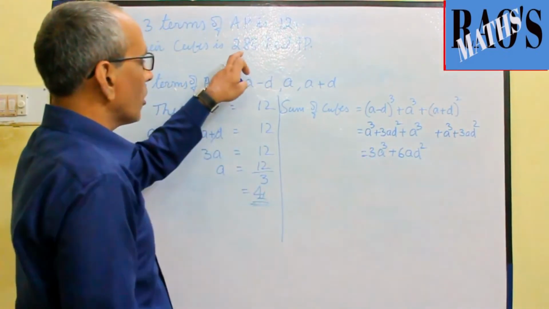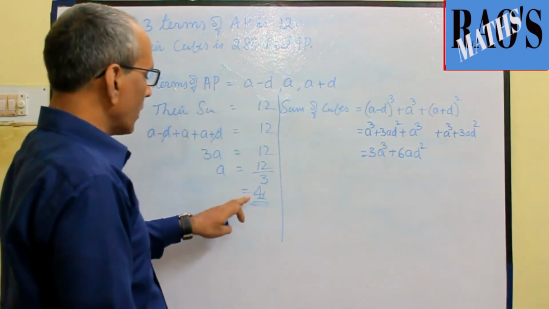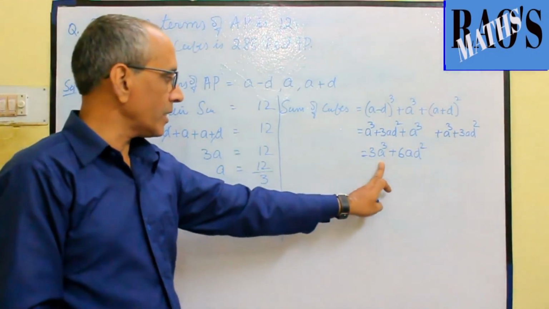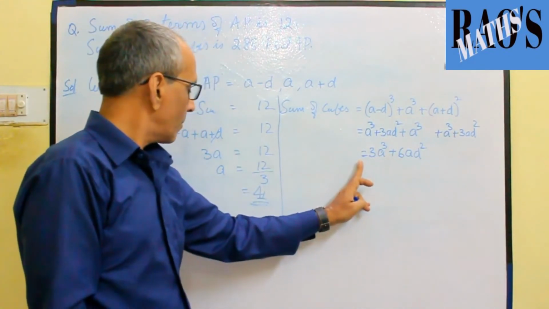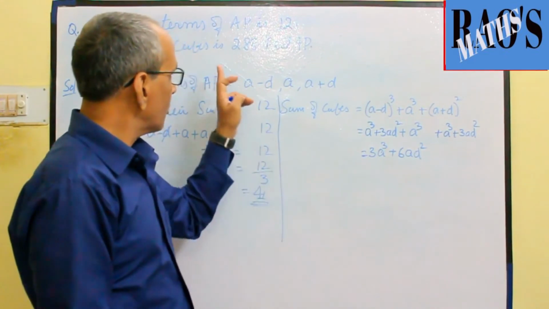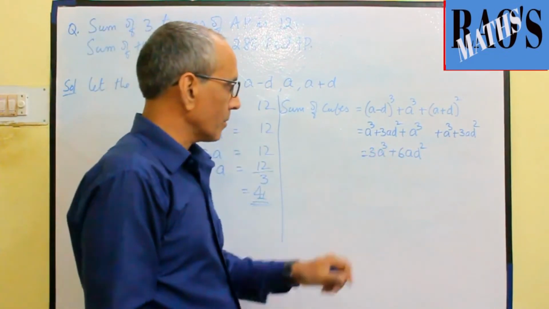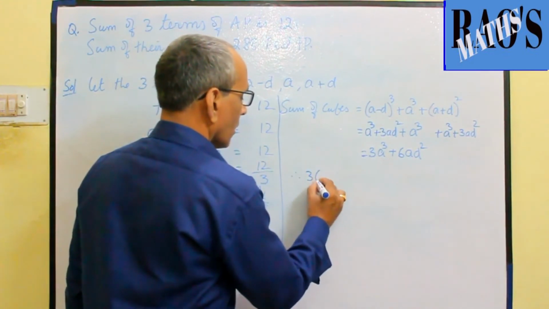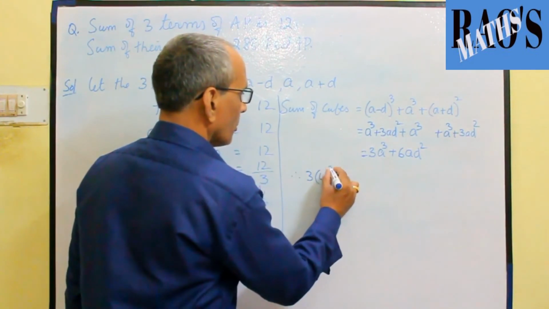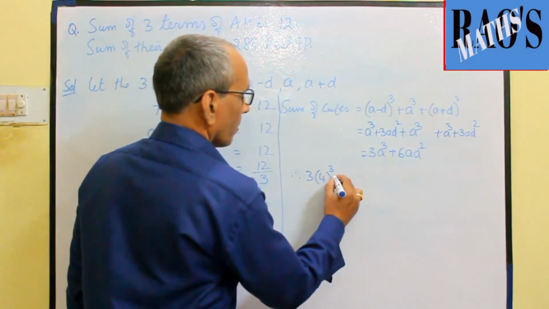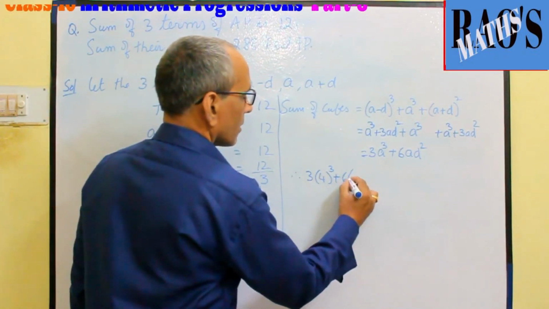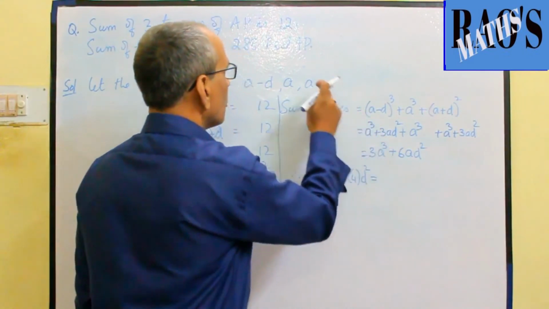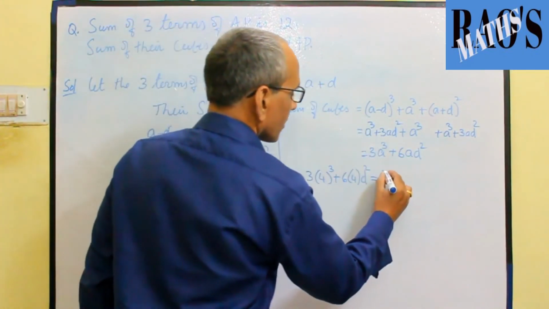This is given as 288, whereas we know already the A value. I substitute 4 in the place of A throughout. Therefore, 3 of 4 cube plus 6 of 4 D square is equal to 288 by question.